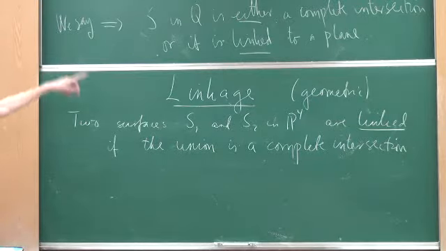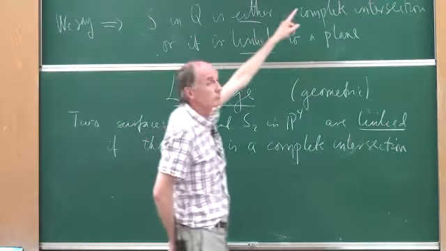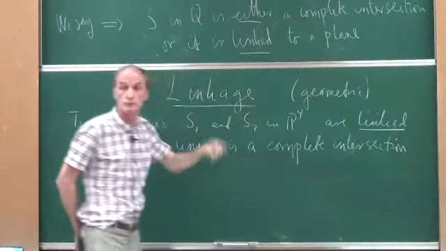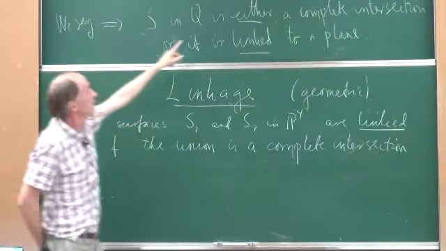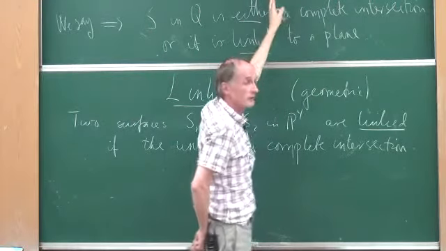So in particular, my surface S here upstairs and one of these planes are linked if I'm in the first case. And surface S is linked to a plane if I'm in this last case here.